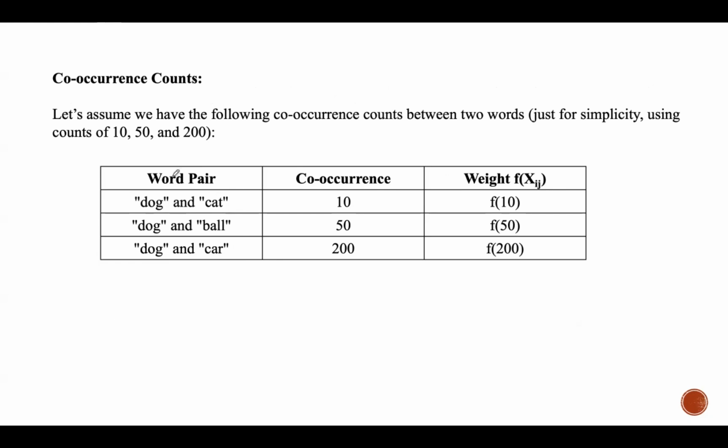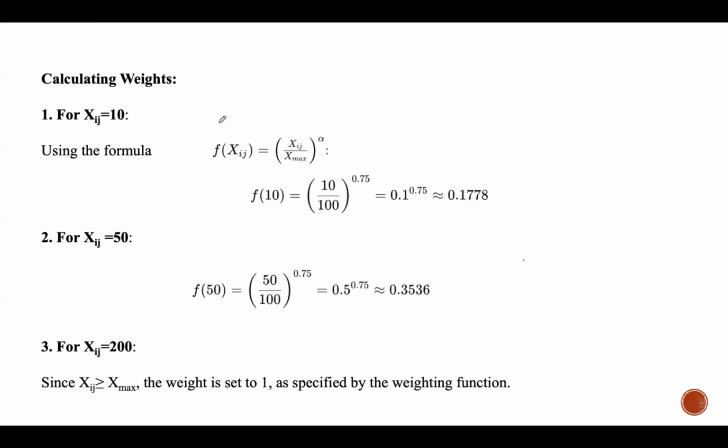The word pair dog and cat occur together with a co-occurrence of 10, and here the weight function is represented as f of 10. The words dog and ball occur together 50 times, represented as f of 50. Similarly, the pair dog and car occur together 200 times, and the function is represented as f of 200. Let us calculate weights for all these functions.